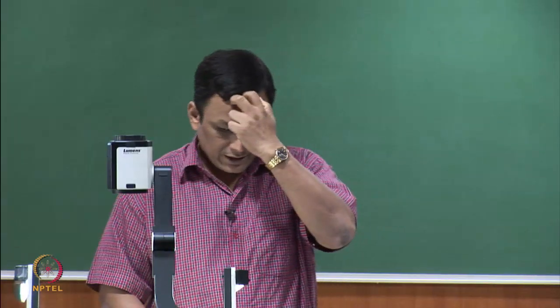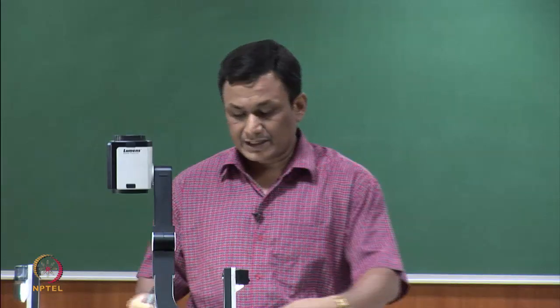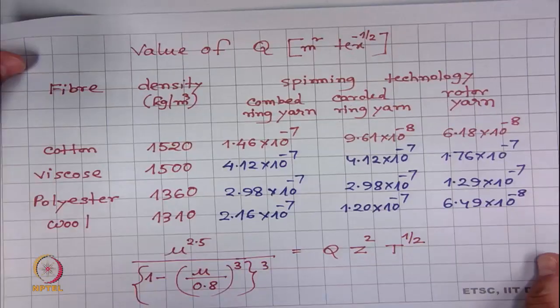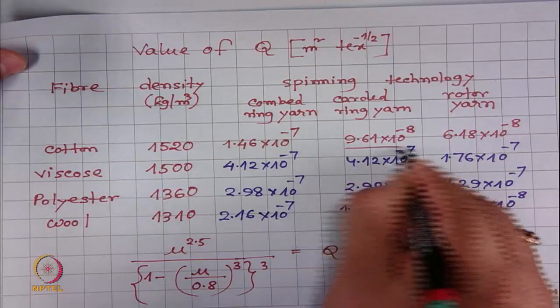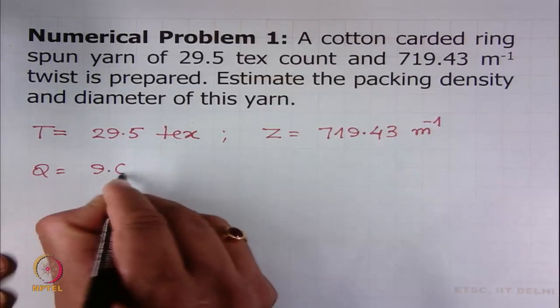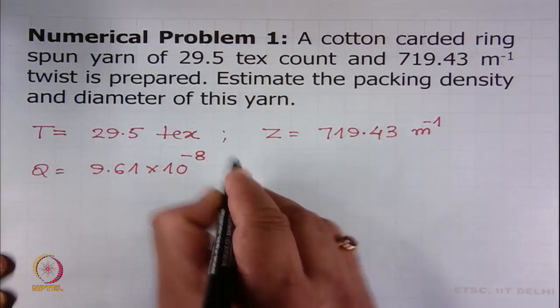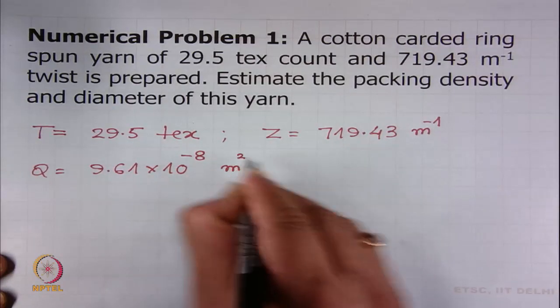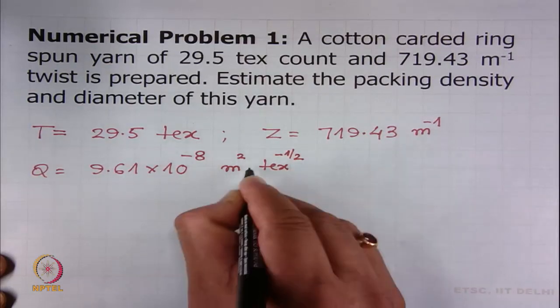Okay. Now, it is cotton carded ring yarn, right. So, using this table we can find out the value for cotton carded ring yarn, the value is this. Okay. So, Q we will consider 9.61 into 10 to the power minus 8 meter square tex to the power half.